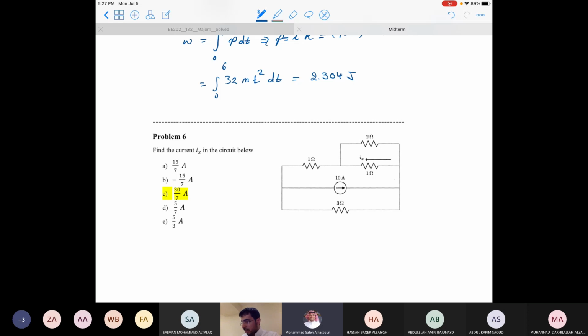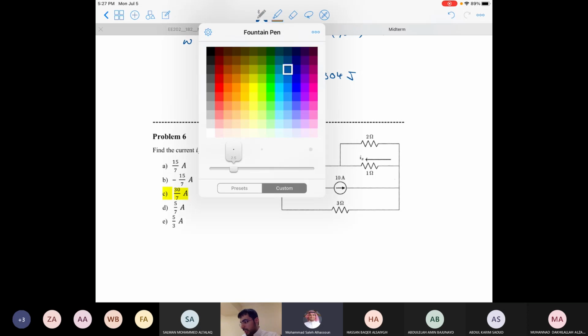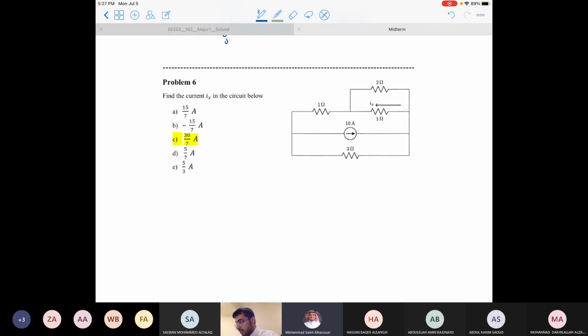Okay, so let's see what we have in here. We're asked to find Ix, this current, in the following circuit. So you may ask yourself, what is Ix here? Well, what's the best way to approach this problem?